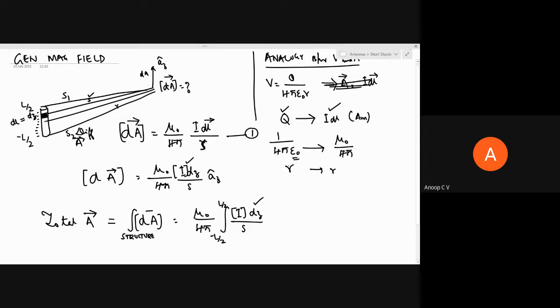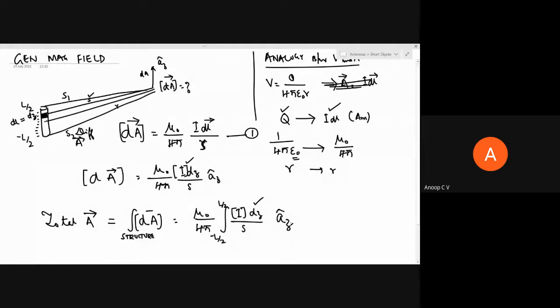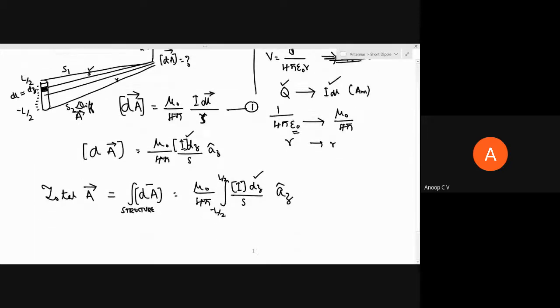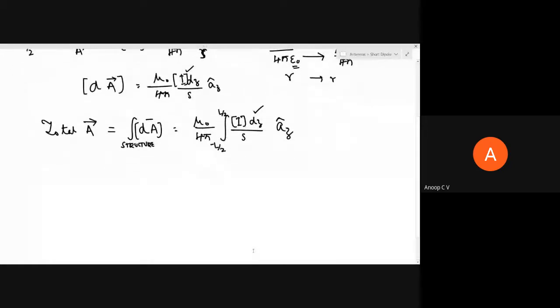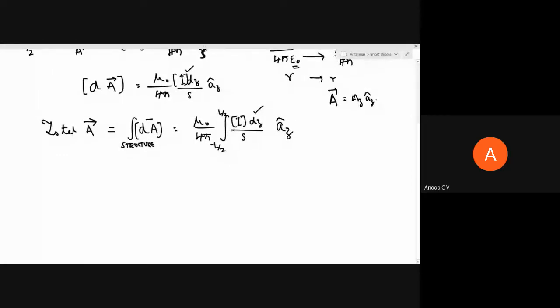And this is directed along az cap. So I can straight away write that A has got only a Z component. Vector A is equal to Az az cap, where az cap is the unit vector along the Z axis.